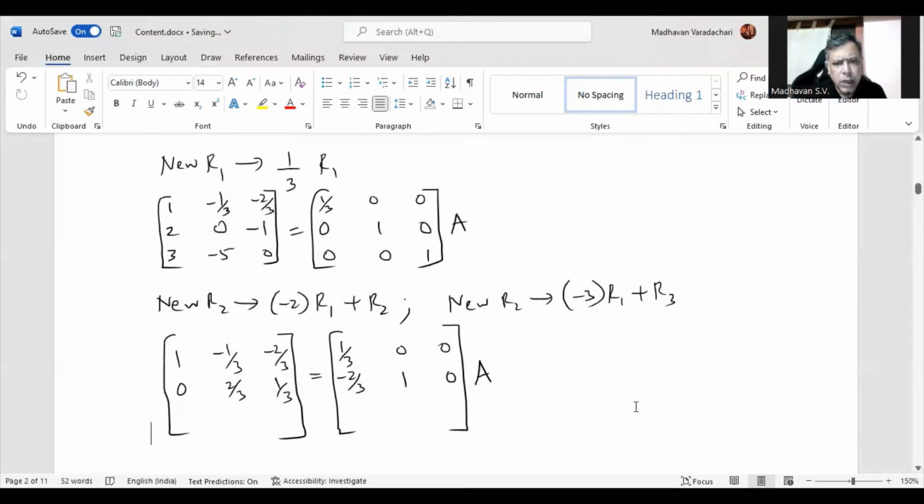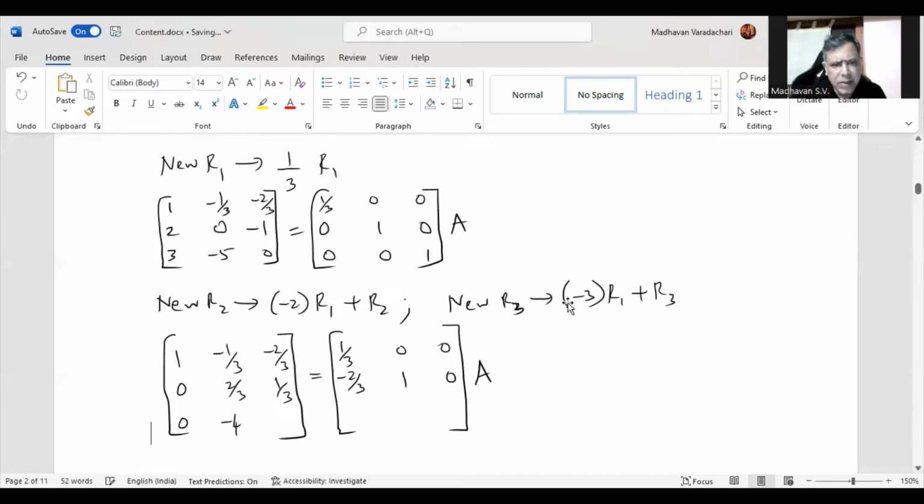Now this is actually new row 3. New row 3 is negative 3 times R1 plus R3, which means 1 into minus 3, which is minus 3, plus 3 becomes 0. Then minus 3 into minus 1 by 3, minus into minus is plus, so it is 1. 1 minus 5 will become minus 4.